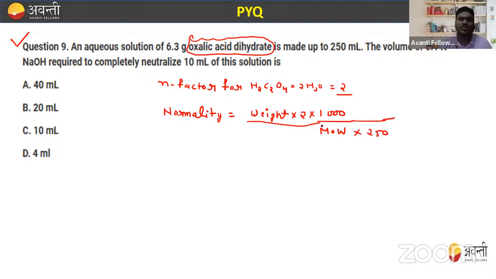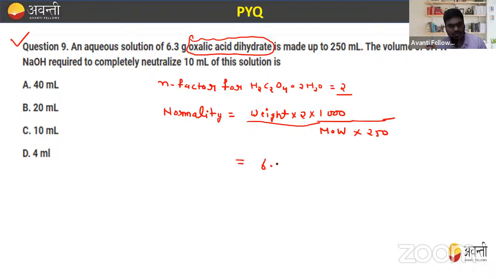This is the formula of normality. It is very similar to molarity, just in terms of gram equivalent weight. Gram equivalent weight is nothing but weight upon n factor, so it is equal to weight upon 2. Now we can solve this because we know the values of everything, so just put in the values.